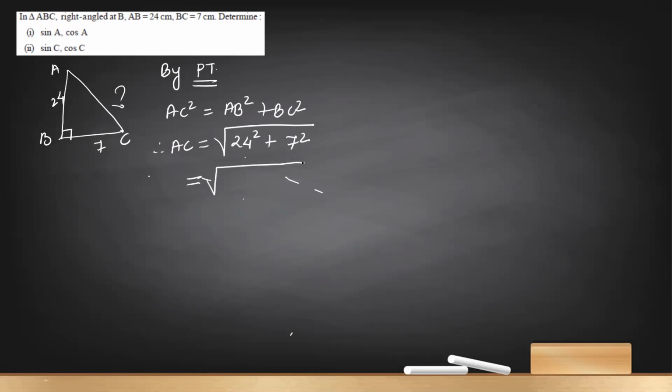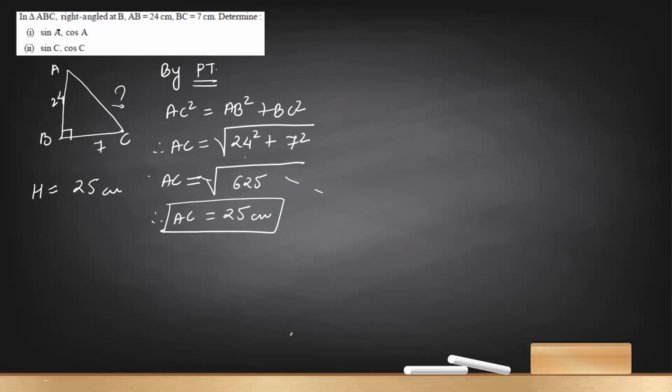This is going to be 625, and hence AC is root 625, which is 25. AC is going to be 25 centimeter. So that means you have your hypotenuse as 25 centimeter.